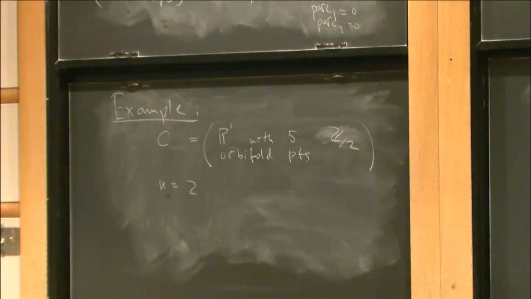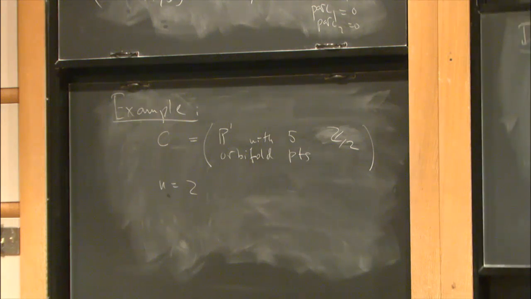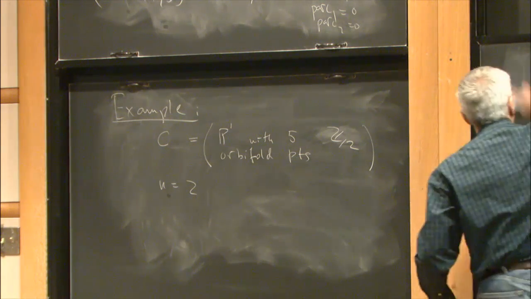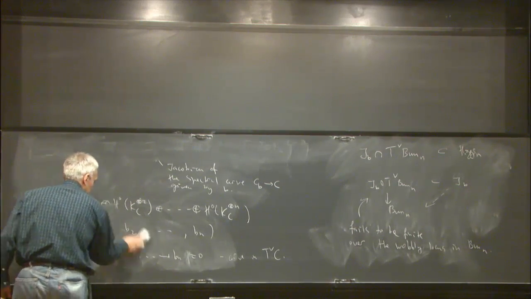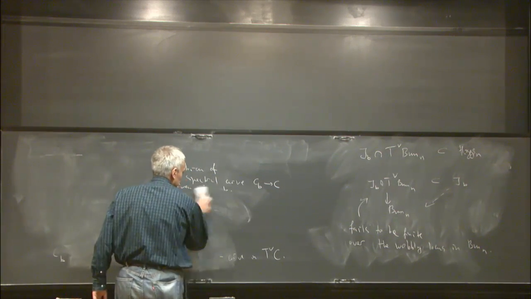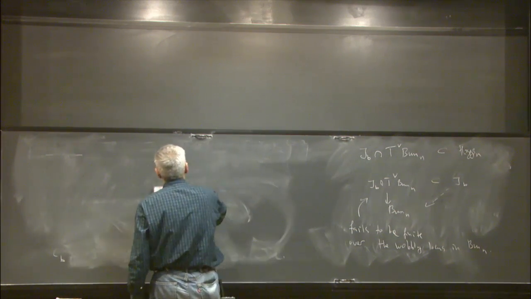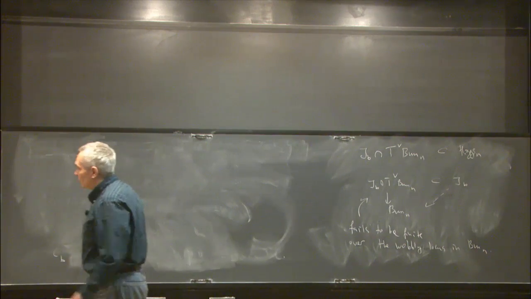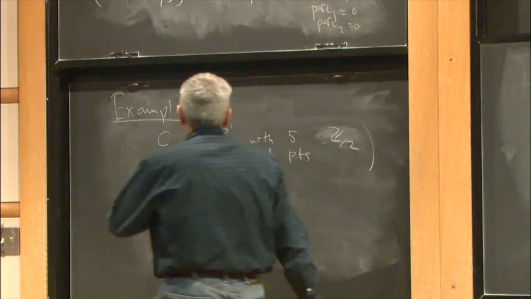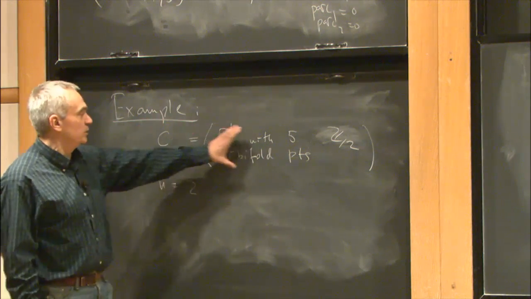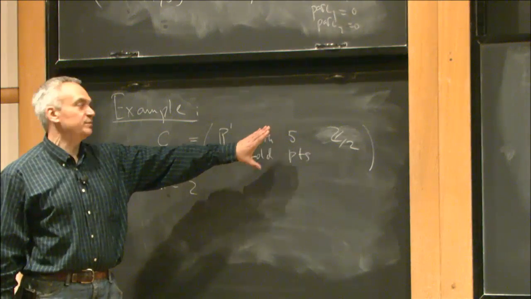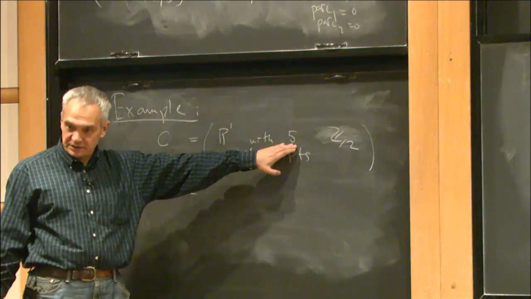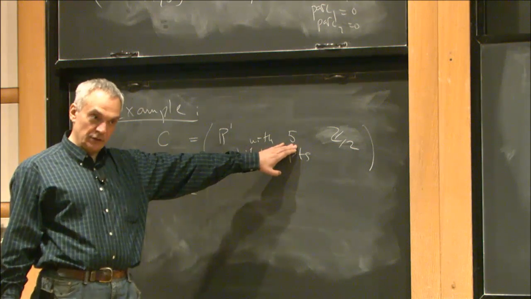And so let me say what we really need to do. Okay, I don't have time to explain that, but the point is that the bundles on this orbifold are the same thing as parabolic bundles on P1 with parabolic structures at the 5 points.